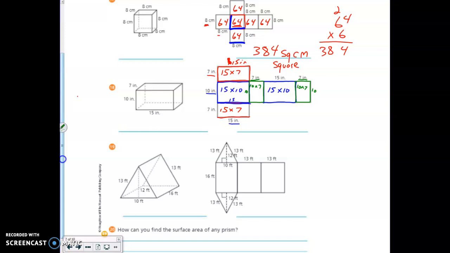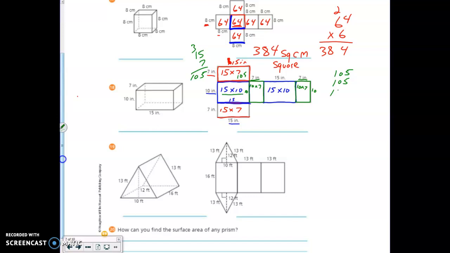Okay, so if I'm looking at this one here, I should have a 15 times 7, and I'm just going to figure this out quickly to make sure I don't mess it up. That's a 5, carry the 3. So we've got the red ones here at 105 each. So we've got 2 rectangles at 105. The blue rectangles here, this is an easy one.